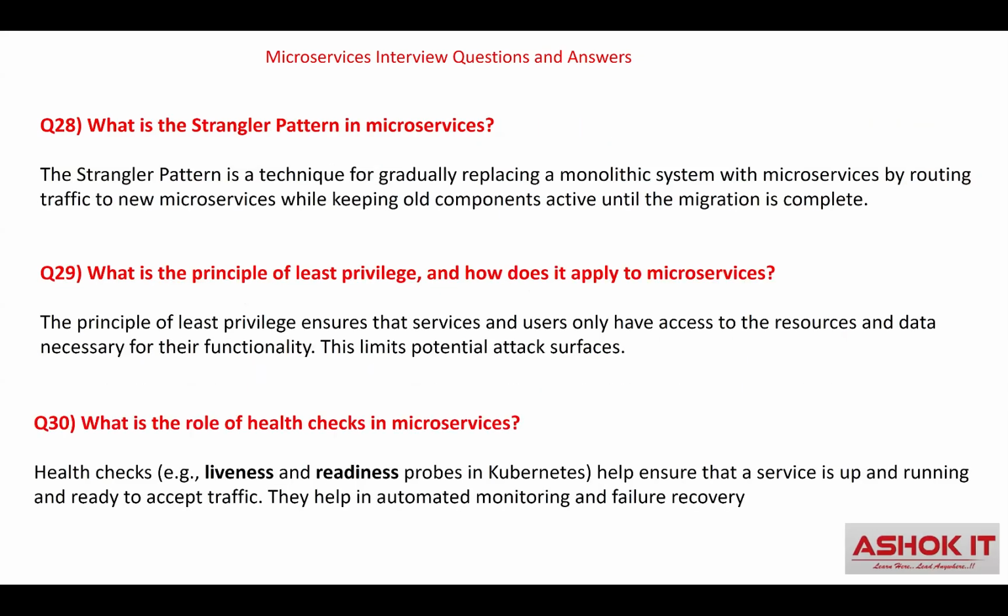And what is the strangler pattern in microservices? The strangler pattern is a technique for gradually replacing a monolithic system with microservices by routing traffic to new microservices while keeping the old components active until the migration is complete. One real-time example I can take is the income tax returns ITR website. Infosys, I'm not sure which company, recently created a new ITR returns system. In some scenarios the new software is not working, and some scenarios it is not covering.